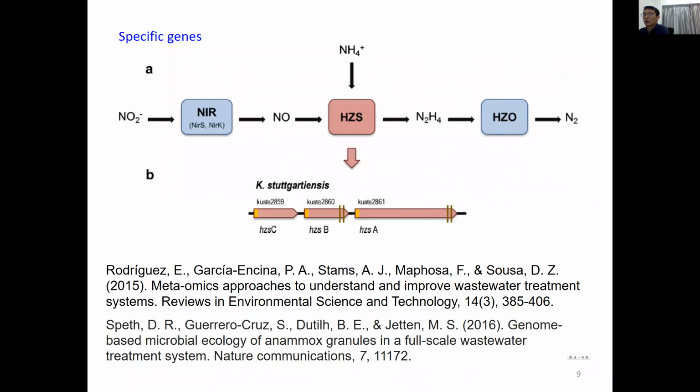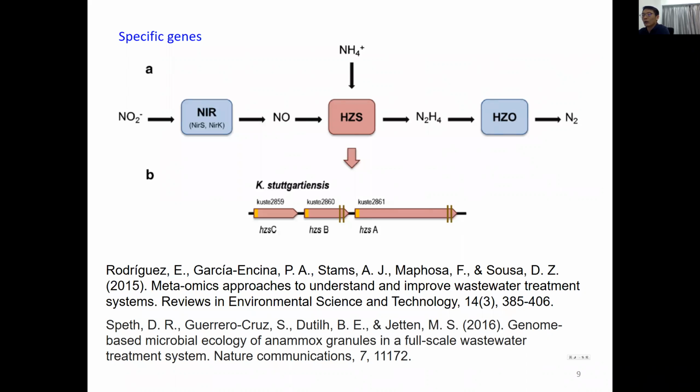And they are also present in other environments such as soil and rainwater. The Anammox process has many advantages. For example, it does not require aeration, and less sludge is produced in the process.